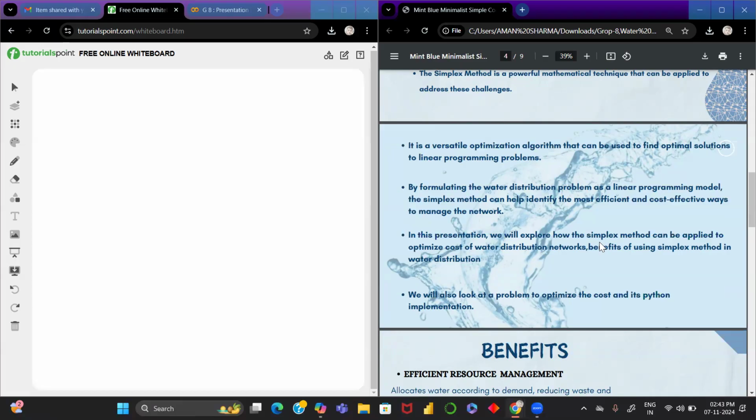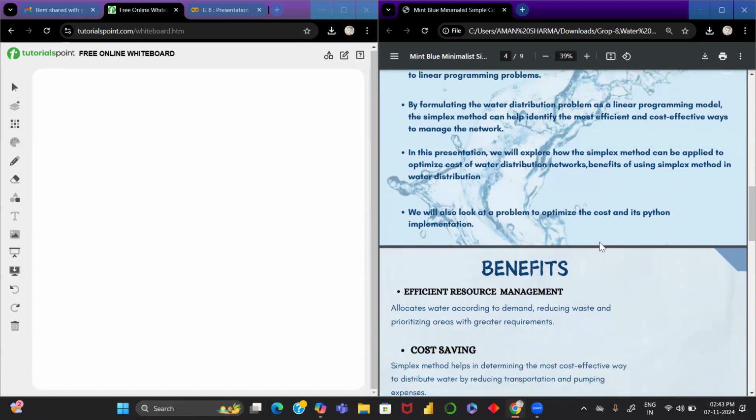In this presentation, we will be looking at the benefits of using the Simplex method in network optimization, then some real world applications of this. And we will look at a problem on the practical application and the Python implementation of the same.